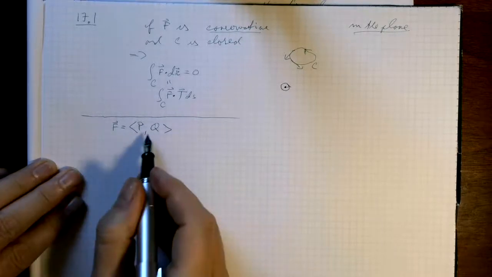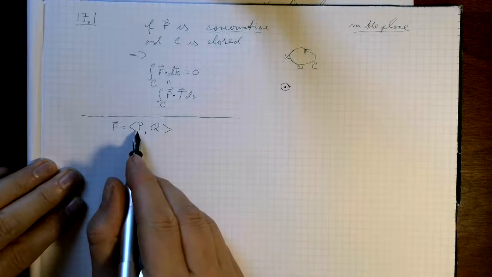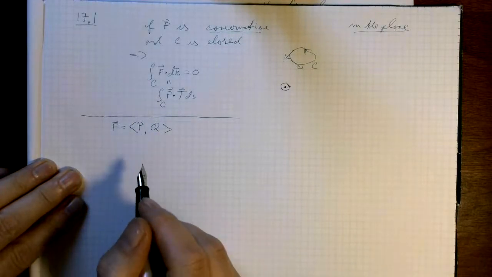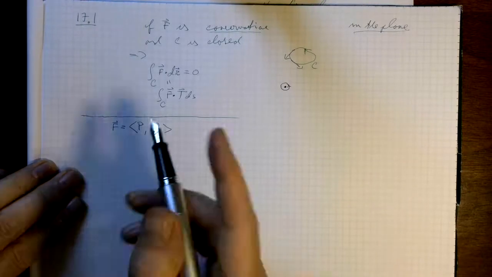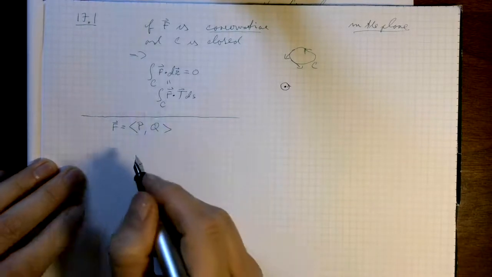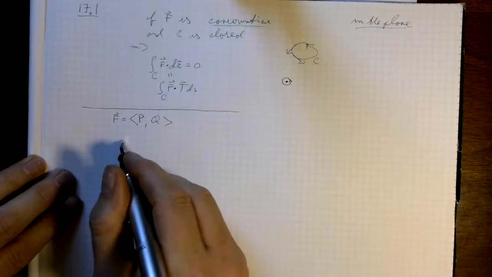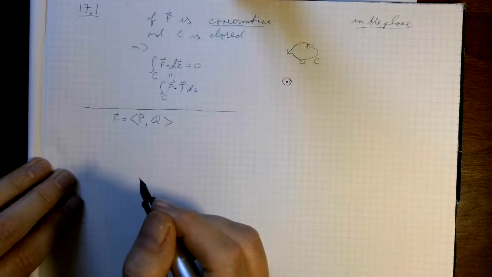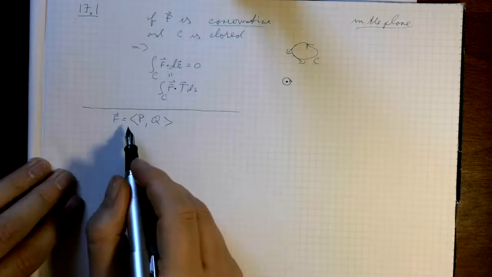Suppose that we have f, which has components P and Q. This is the first component, this is the second component. Instead of f1 and f2, let's call them P and Q, and look at what Green is going to tell us about P and Q.